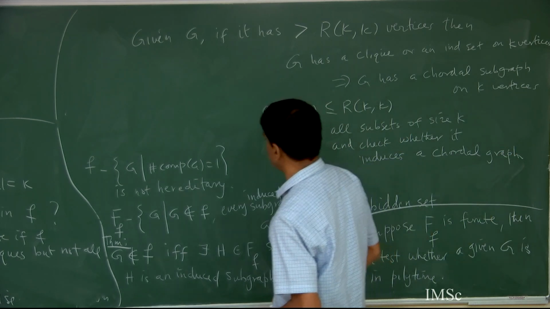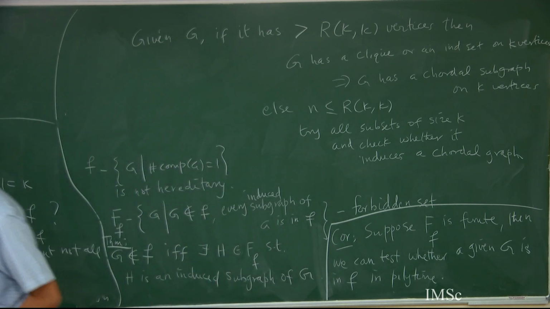And all we really use is the fact that every clique and every independent set is a chordal graph. So that's one part of this theorem: if your family contains all cliques or all independent sets, then this question is FPT.